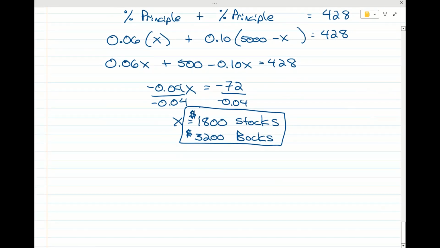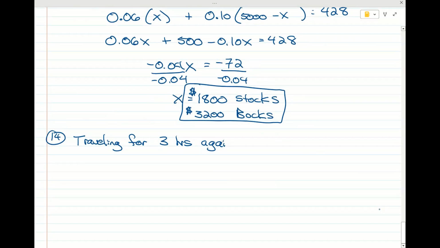Next word problem. Traveling for 3 hours against the wind, a plane flies 1,500 miles.